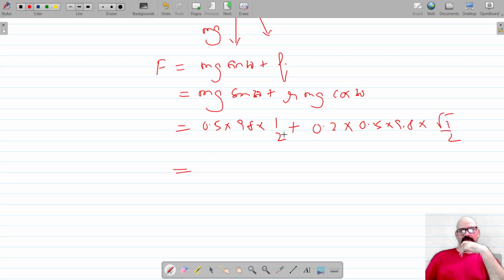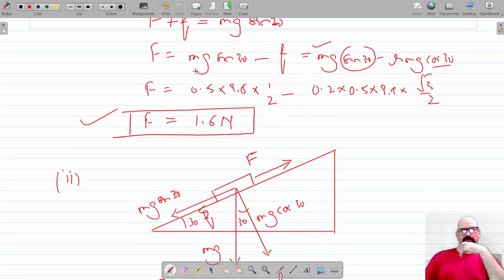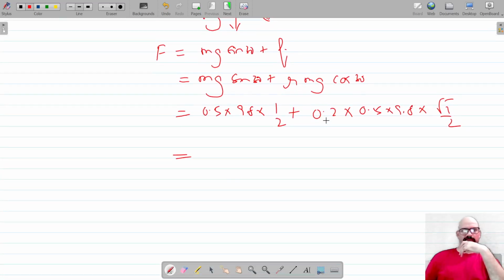It's just the opposite of the first case, where we subtracted mu into mg cos theta from mg sin theta. In this case, we just add, and if we calculate the values, this is equal to 3.299 Newton.